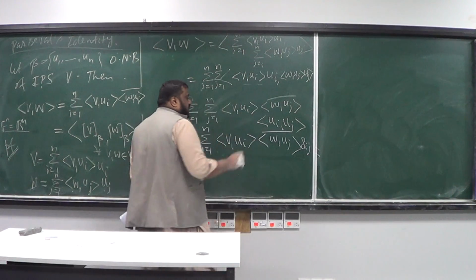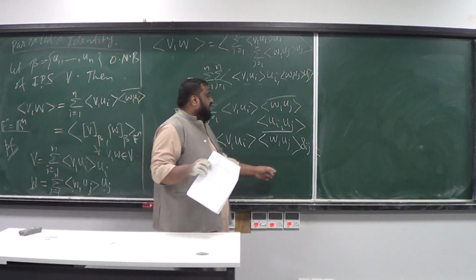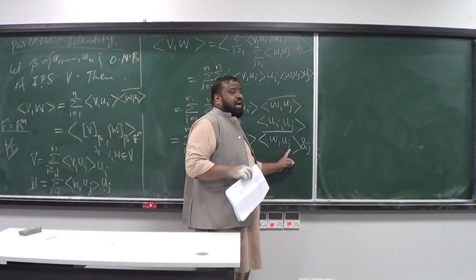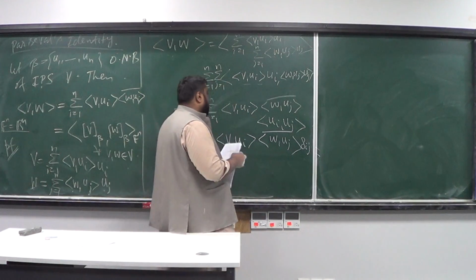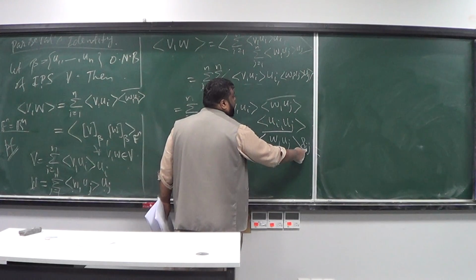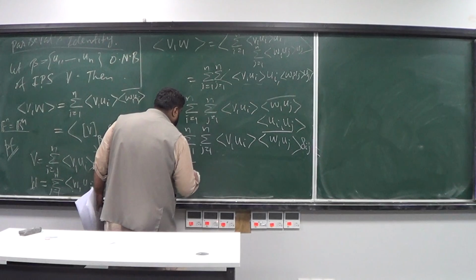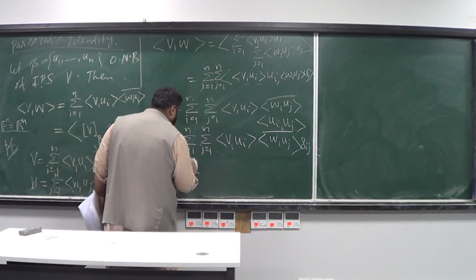So which terms of this j will survive? The only terms of j that will survive are when j is equal to i. And hence all the others will be 0, because delta ij is 1 when i equals j, and delta ij when i and j are different is 0. So this sum will become i equal to 1 to n.